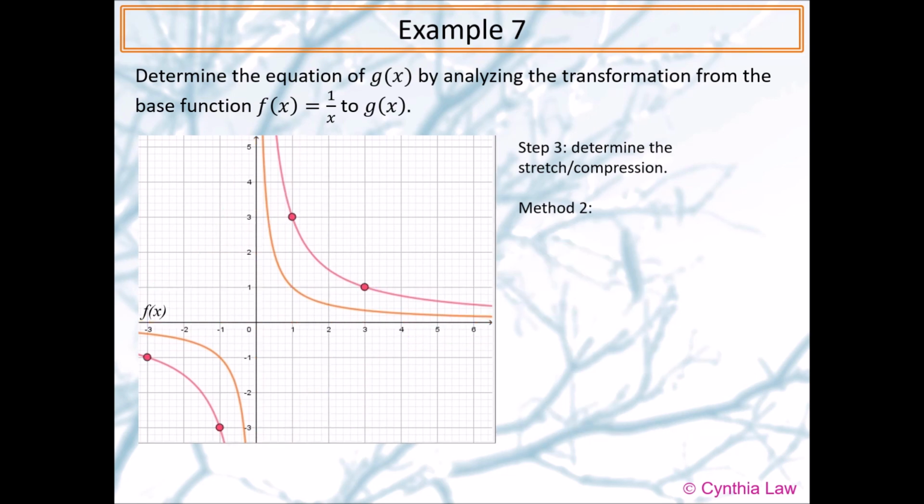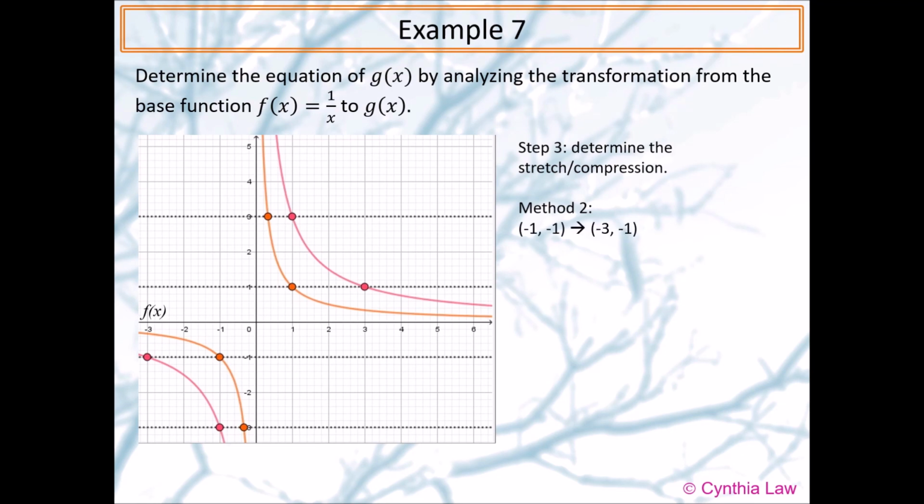Method 2. This time we're going to look at horizontal stretch or compression. So look at my horizontal lines this time. Similar to method 1, some of the sets have integer points, some don't. So let's focus on the integers first.